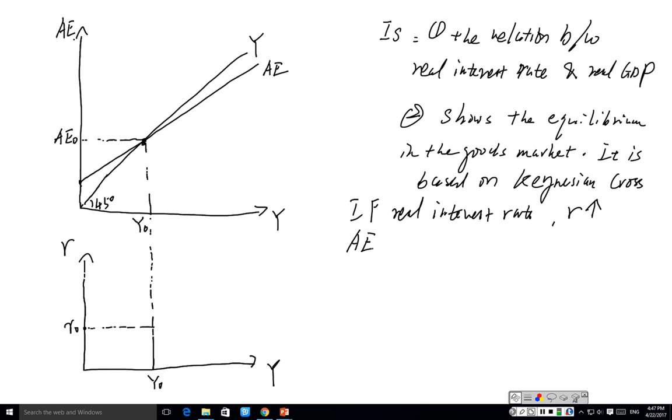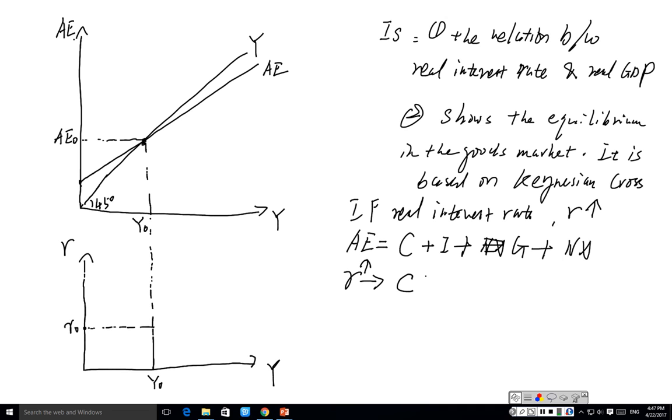We write down the aggregate expenditure as C plus I plus government spending plus net export. If the real interest rate increases, could this affect one of the components here? Actually, you will find out that when the real interest rate increases, consumption could be affected.